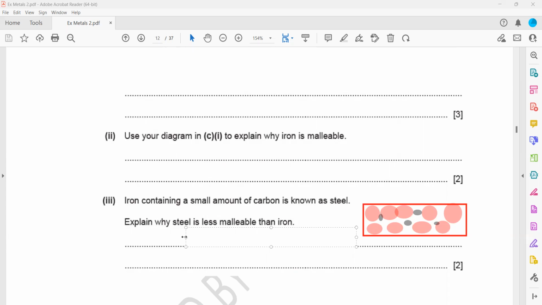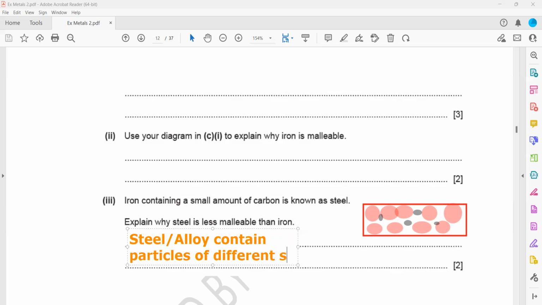So the alloy, or steel, contains particles. Even if the general question was why alloys are harder or less malleable, you can mention steel or you can use the term alloy. It's an alloy. If you use the term, it's a general answer. It contains particles of different radius or size which cannot slide over each other.